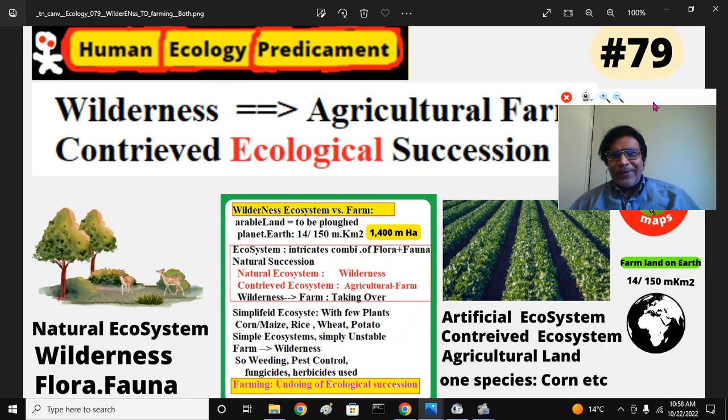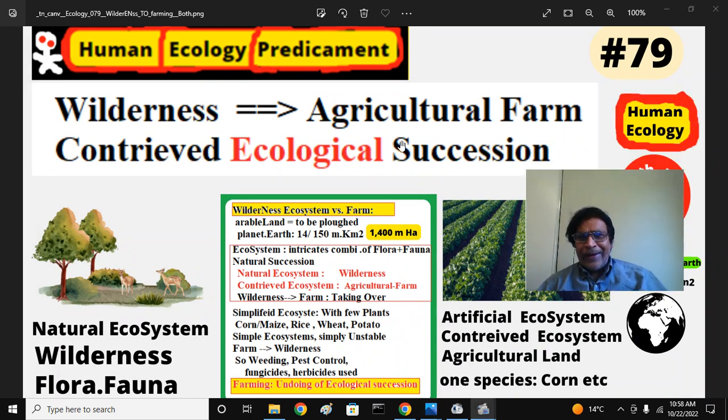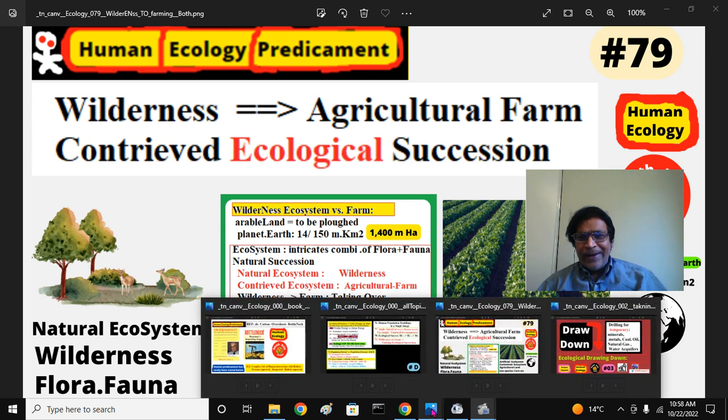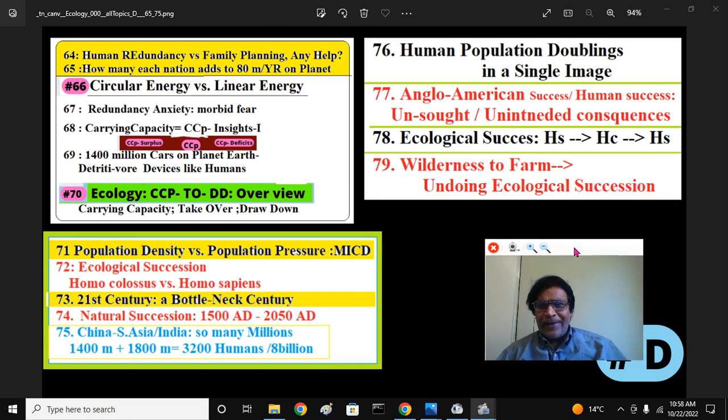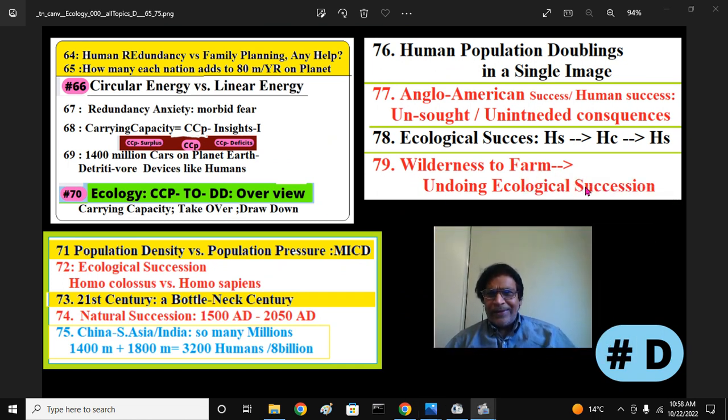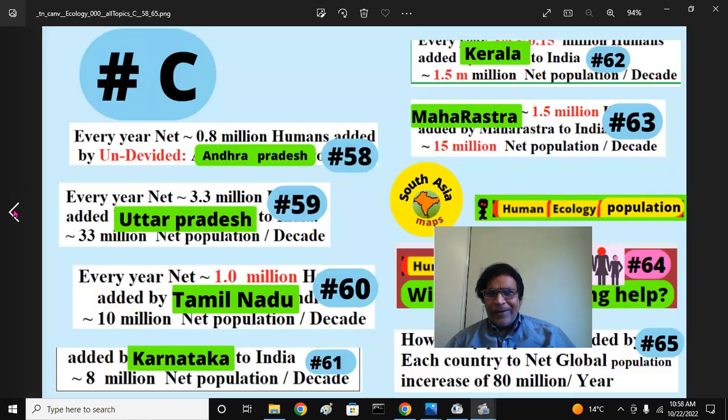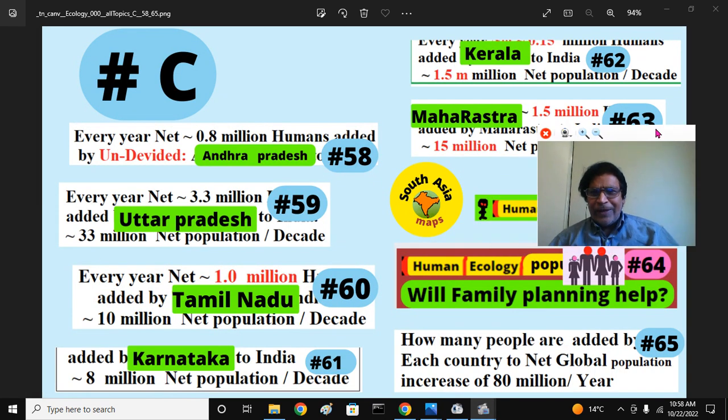That's the part where wilderness goes to agriculture farm, a contrived ecological succession done by human beings. This is part 79 in this ecological series I talked about. And before, we talked about the contribution of many provinces of India to the Indian population.